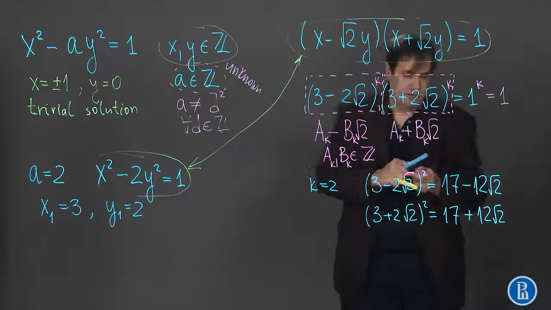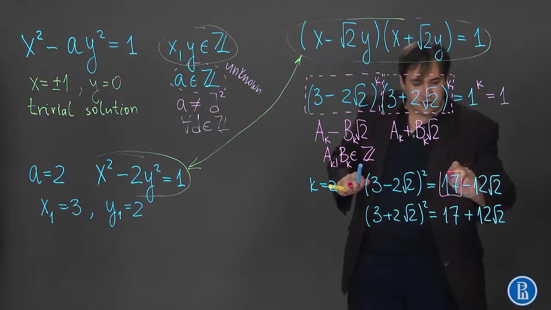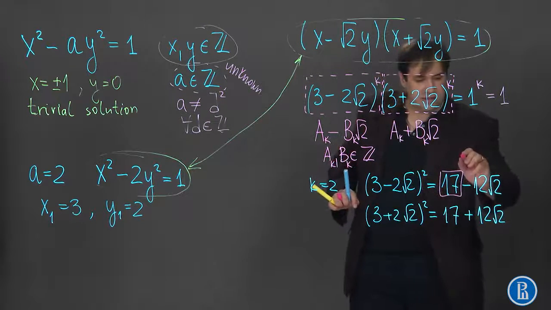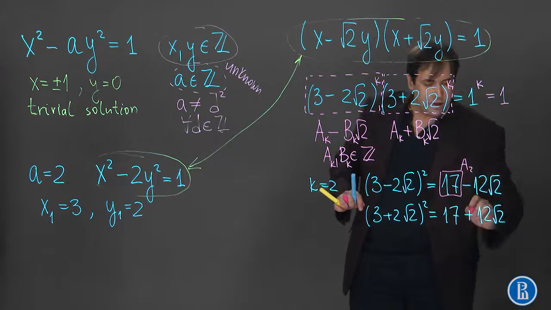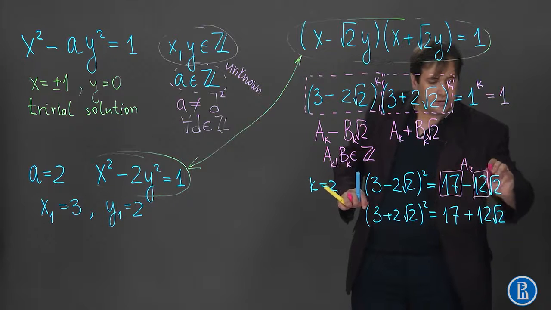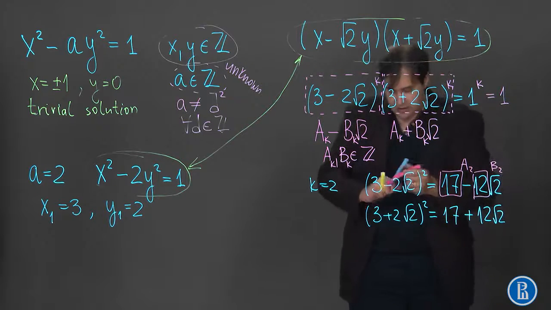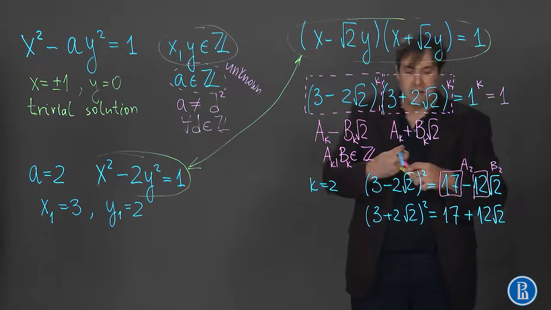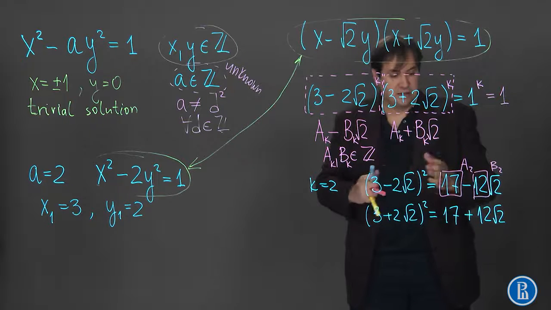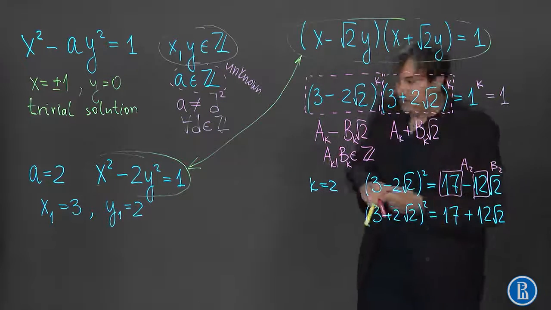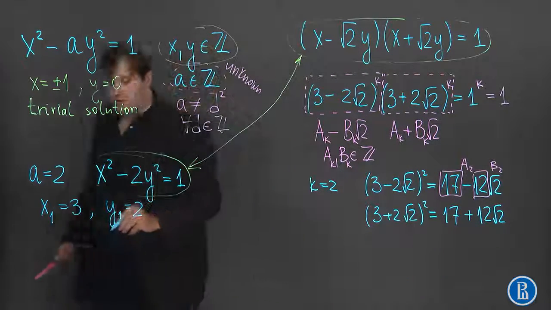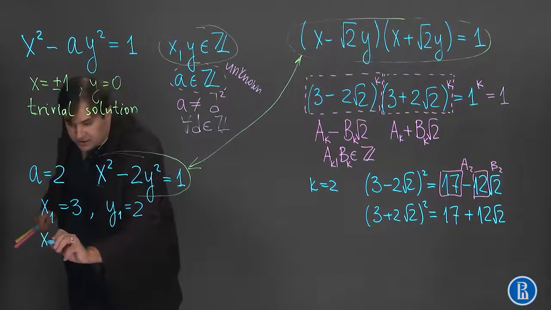Well, in the previous terms, this is a_2 and this is b_2. And we have another pair, 17, 12. And this is another solution of the Pell's equation.